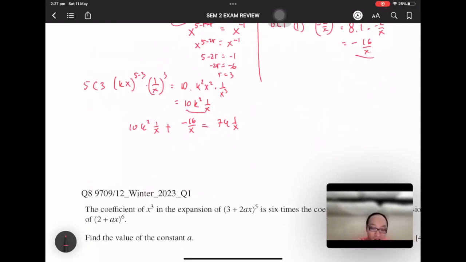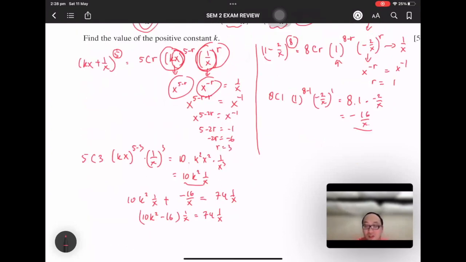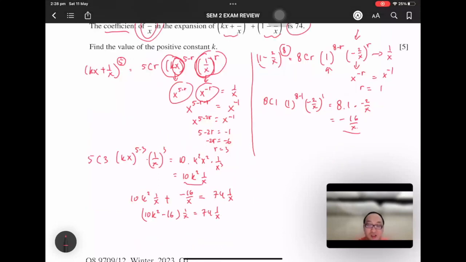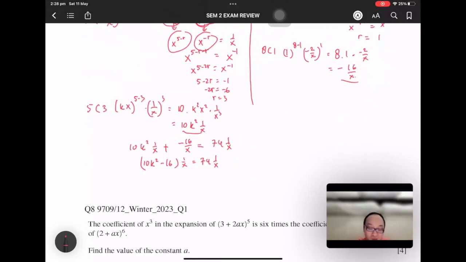So I can simplify: (10k squared minus 16) times 1 over x equals 74 times 1 over x, because 74 is the coefficient of 1 over x. So that means 10k squared minus 16 equals 74.